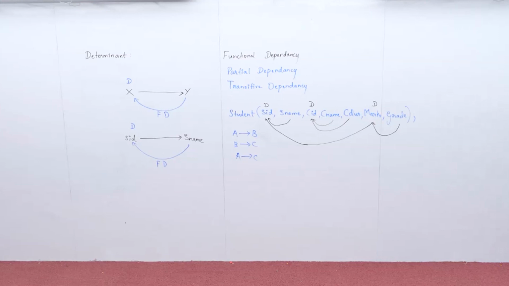I will repeat. What did I tell? Partial dependency exists when there is more than one determinant existing within a same relation.